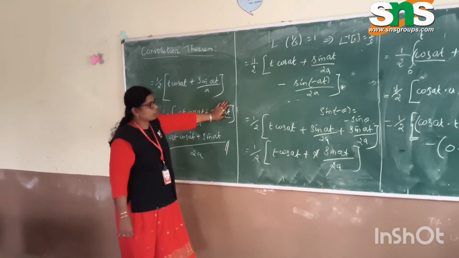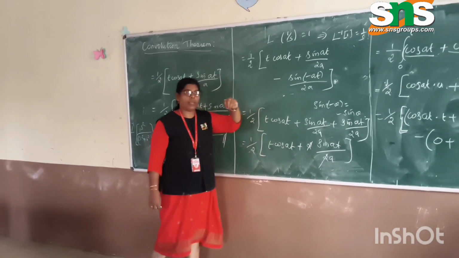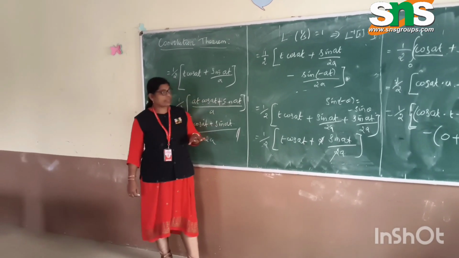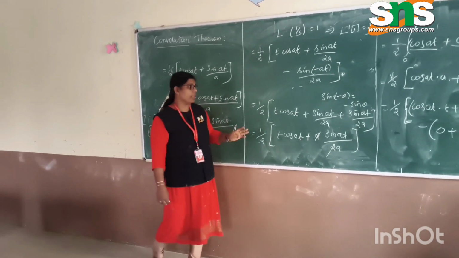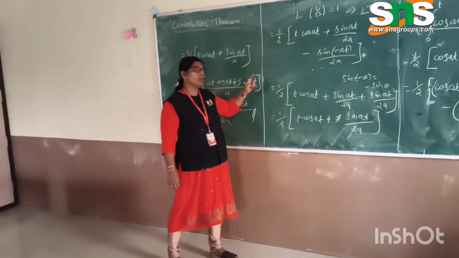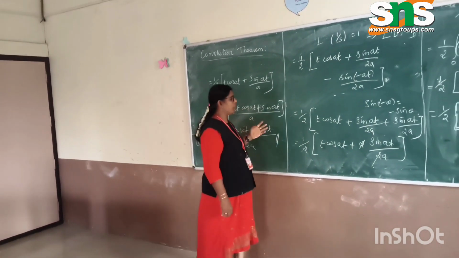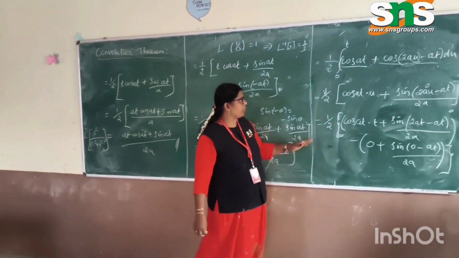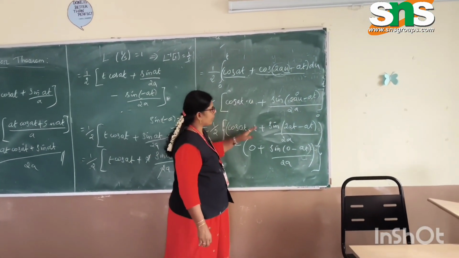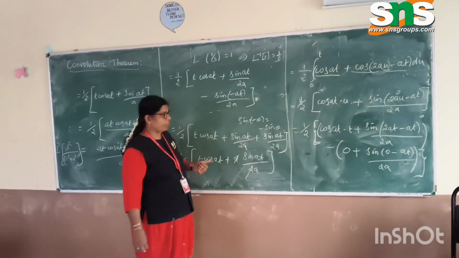In convolution we use the four formulas: sin A cos B, cos A cos B, sin A sin B and cos A sin B, to find the correct answers. In this problem it is easy to find 1 by 2 cos at into t plus the integration, then substitute the upper limit minus the lower limit.